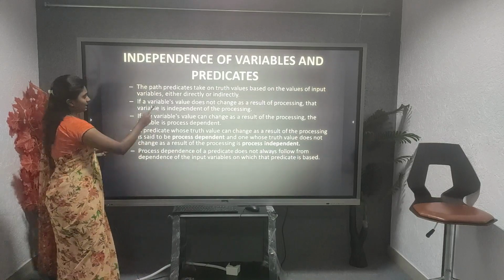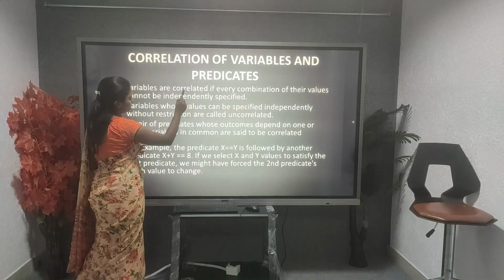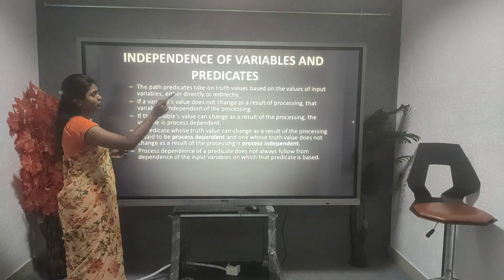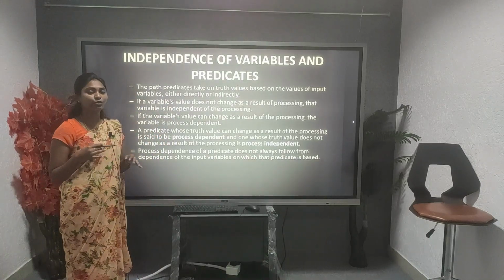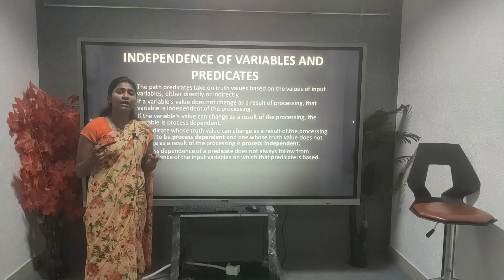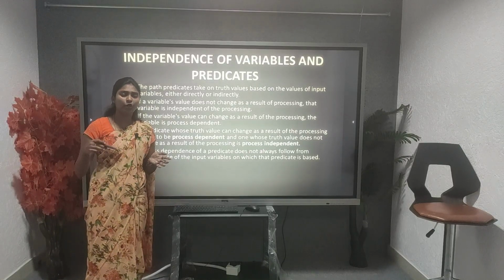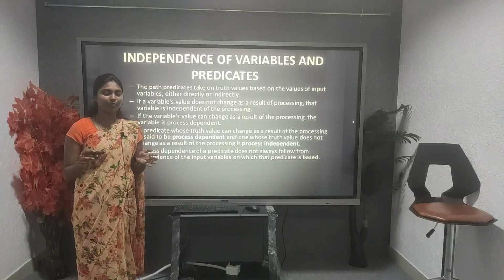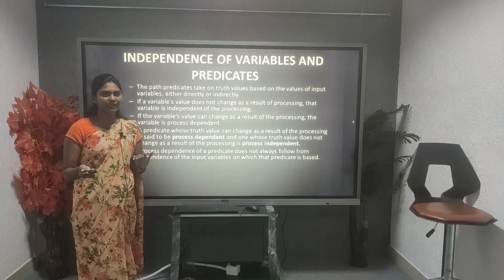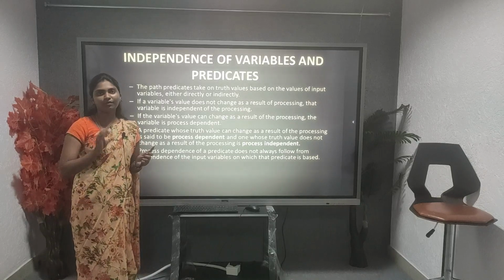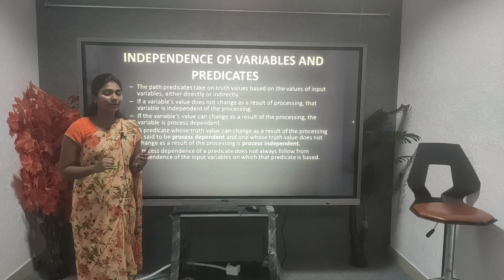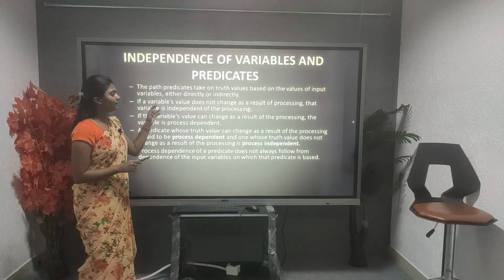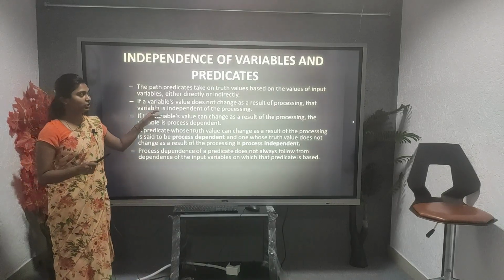So the path predicates take the truth value based on the inputs. Here the variable may be direct or indirect, but we will take the direct value only, the input variable, such as x or y. The variable may change or not change.